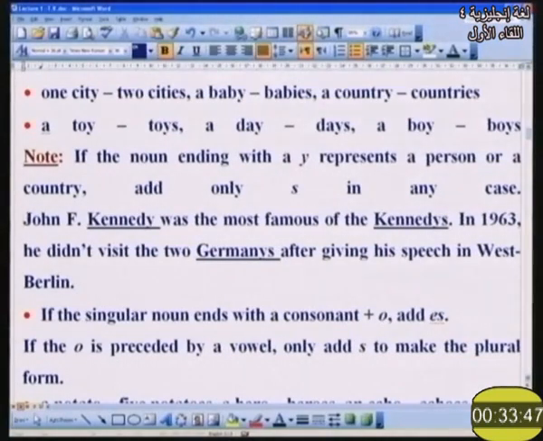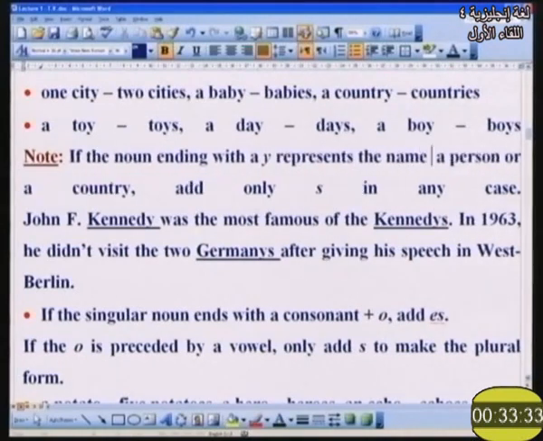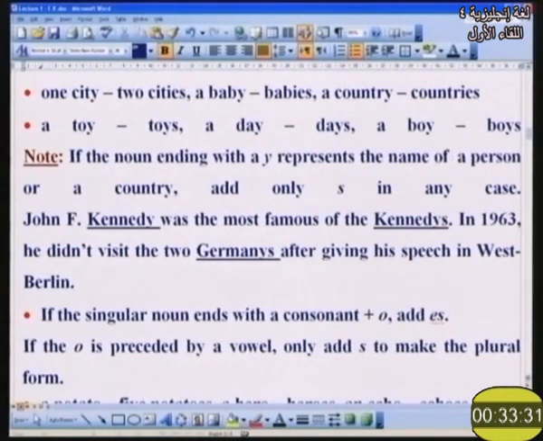Then he gives us another rule related to the Y. If the noun ending with a Y represents the name of a person or a country, add only an S in any case. This is different from what we have been saying. What we said was related to general nouns, like baby and like day and like boy and like country.